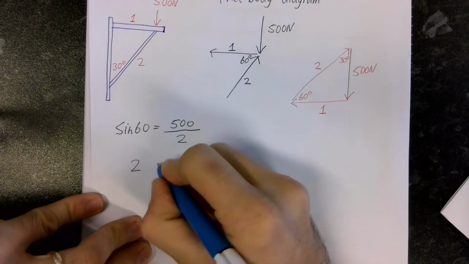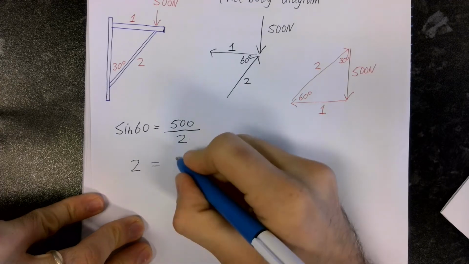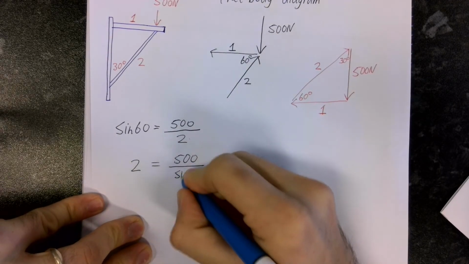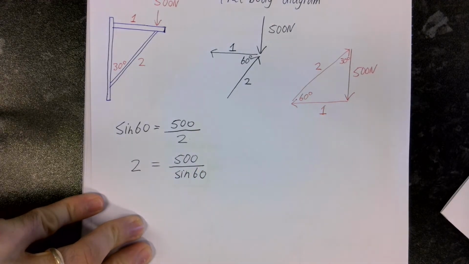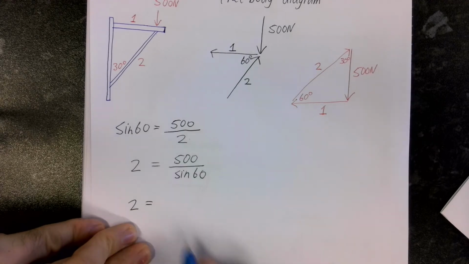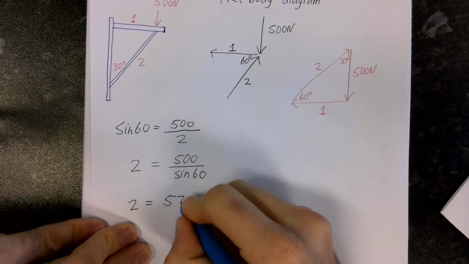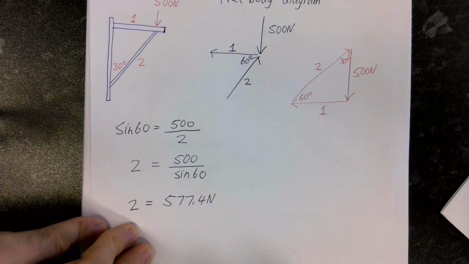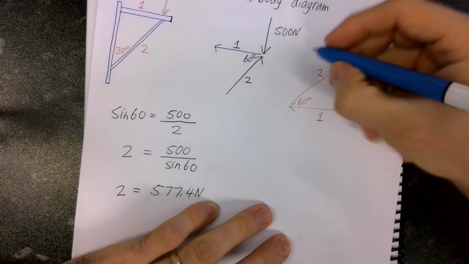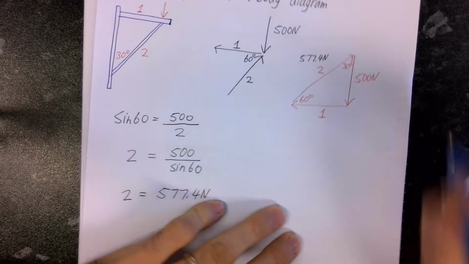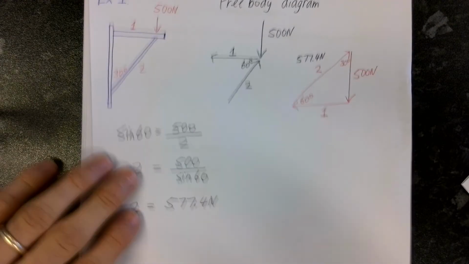So number 2 is equal to 500 over sine 60. Okay, and that gives us an answer of 2 is equal to 574.4 newtons. And you can write that straight up there. So you know that number 2 is 574.4 newtons. Okay, so we've found number 2 now, and that's what our question said.